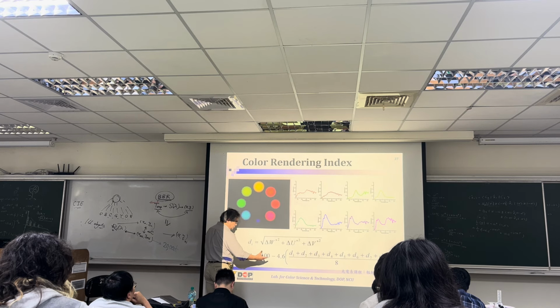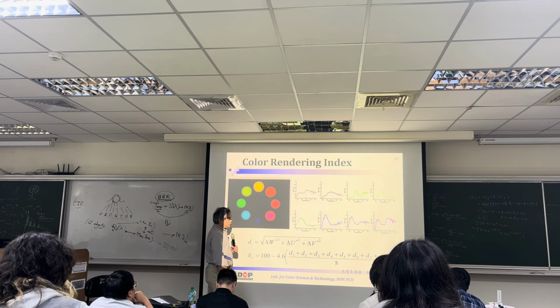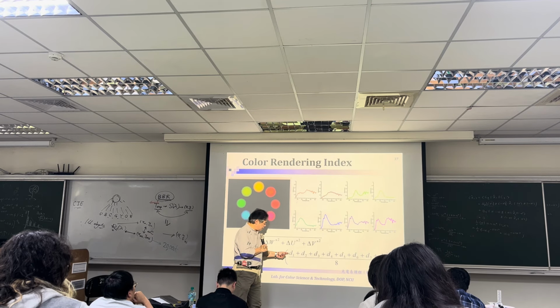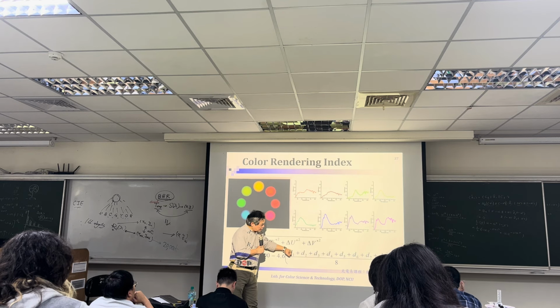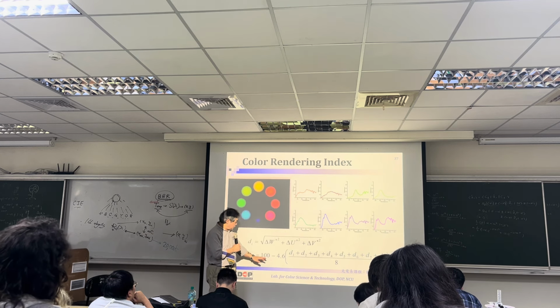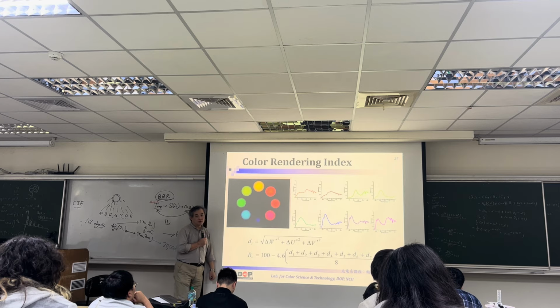Just try to make the best quality become 100. So if you recover every color exactly, so each object has 0 color difference, right? 0 color difference, so you will have 100 as your result.